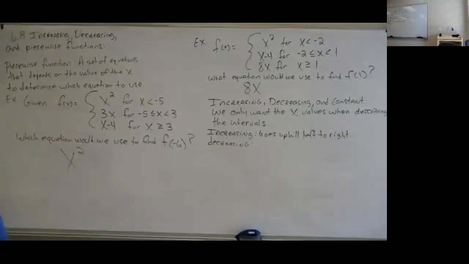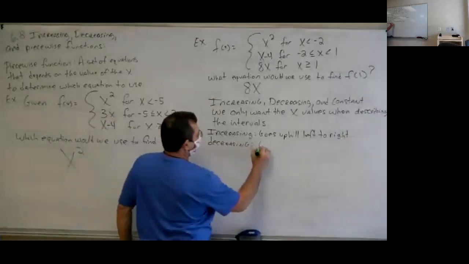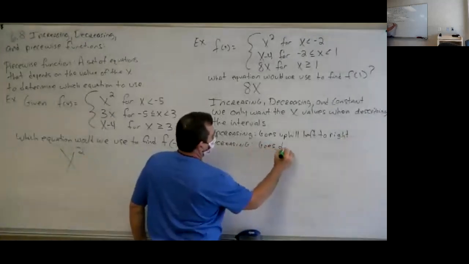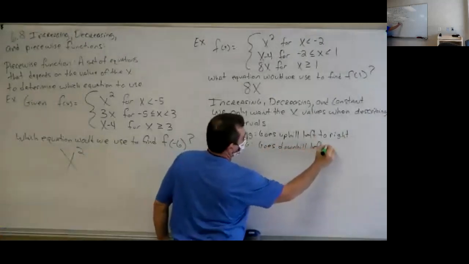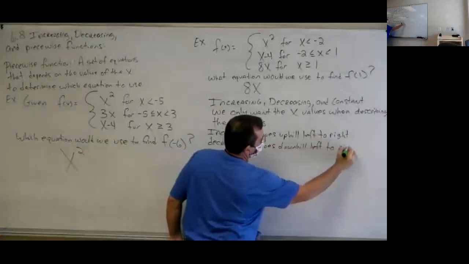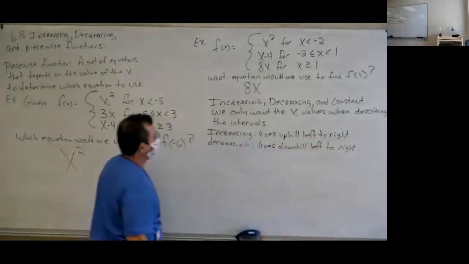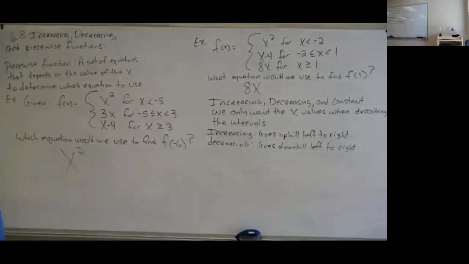Decreasing is going to go downhill left to right. And then have you ever heard a word called constant? Sort of means what? It remains the same, okay? Which means on a constant, it'll be a horizontal line left to right.